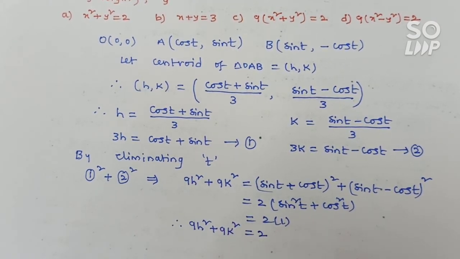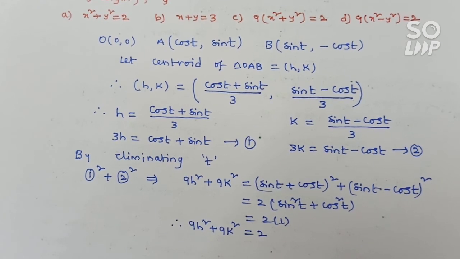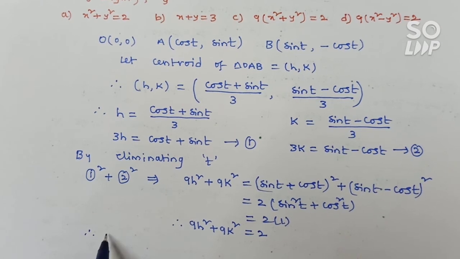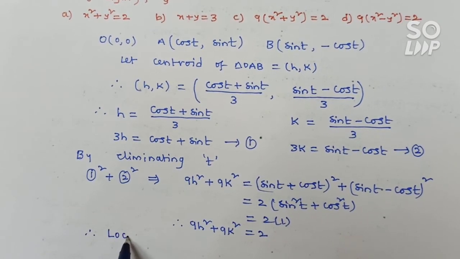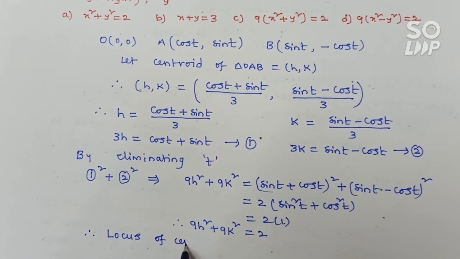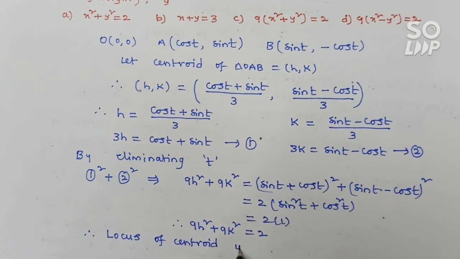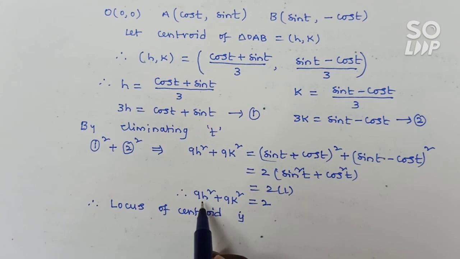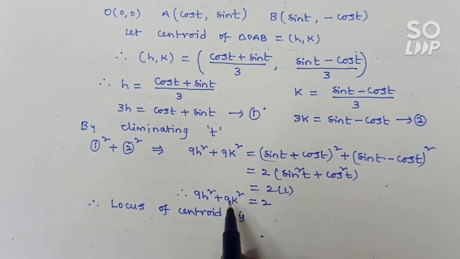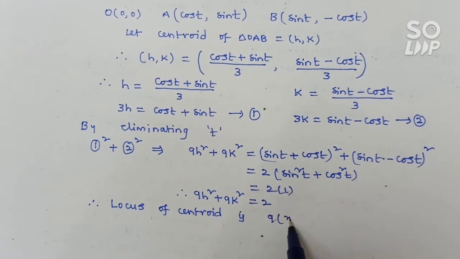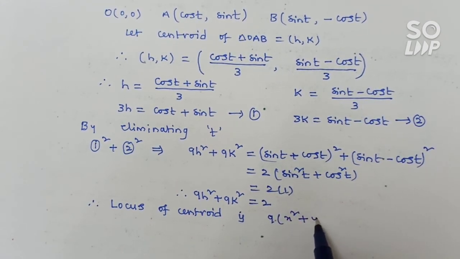Therefore the required locus means locus of which point? The centroid. So the locus of the centroid, you know how to write this. Replace h by x and k by y. Take 9 as common: 9 into (x square plus y square) is equal to 2.